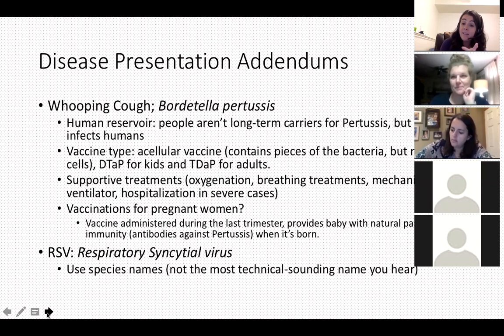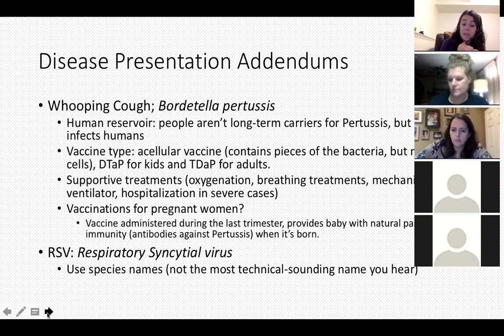So pertussis is not that kind of disease. There are not people roaming around who are long-term asymptomatic carriers for pertussis, for the most part. If you have it, you have symptoms.